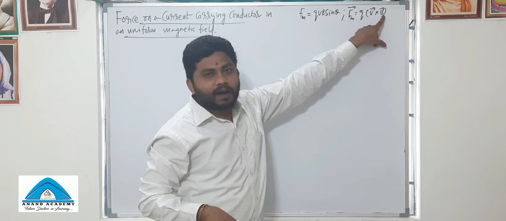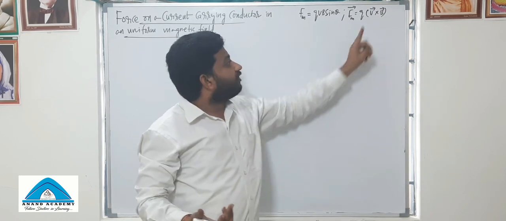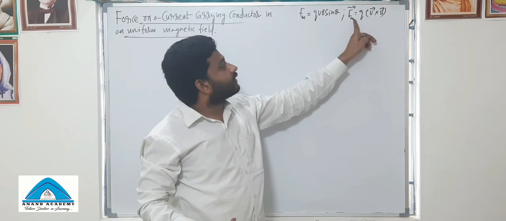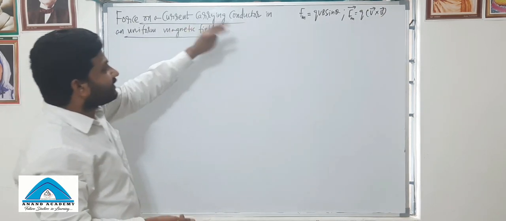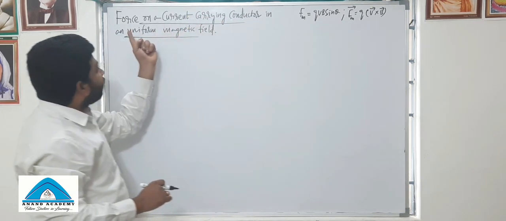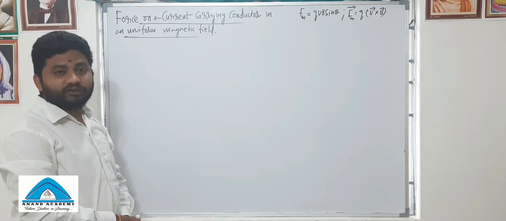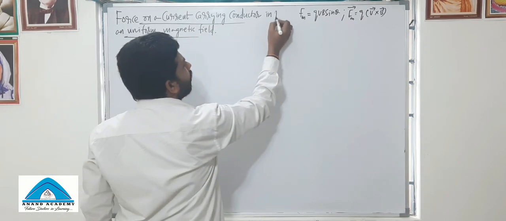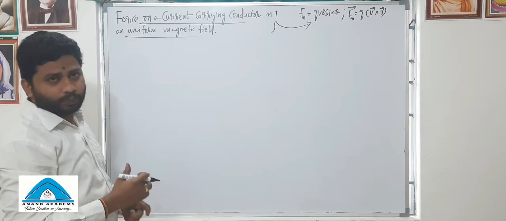You know how to do the cross product or vector product. V bar cross B bar will give the direction of magnetic force in this case, right? This is a single charge. Now, the force on a current carrying conductor in a uniform magnetic field, and so much of relation will be there between this and that topic.